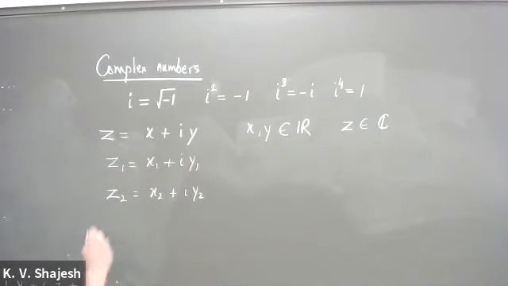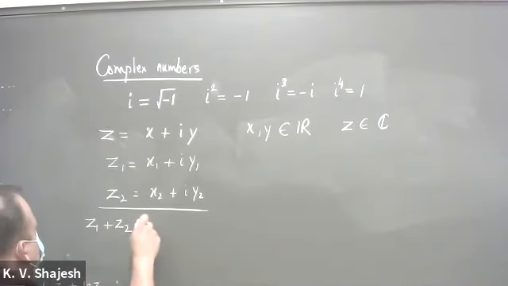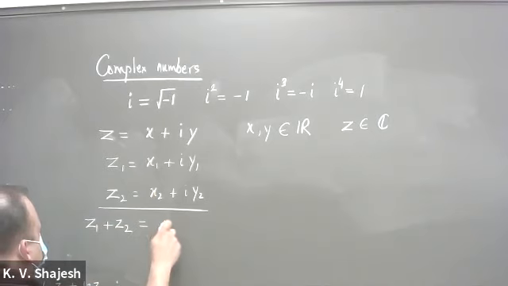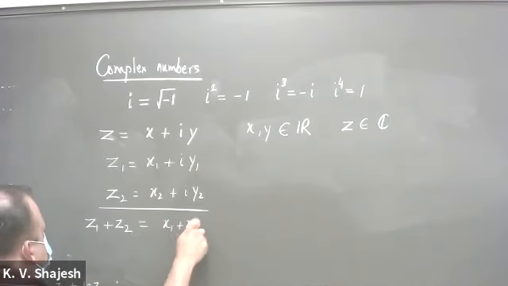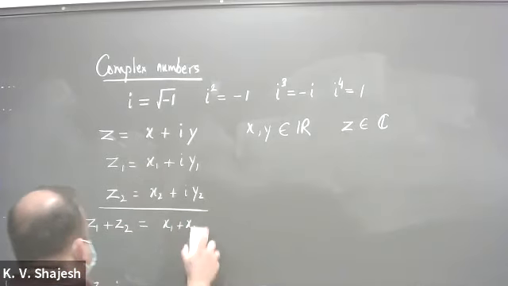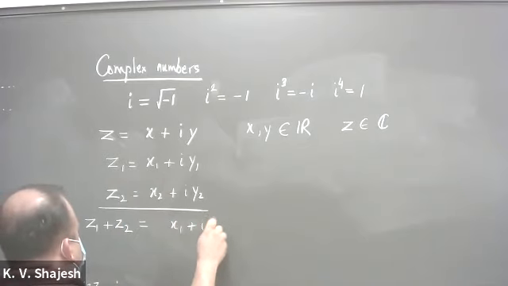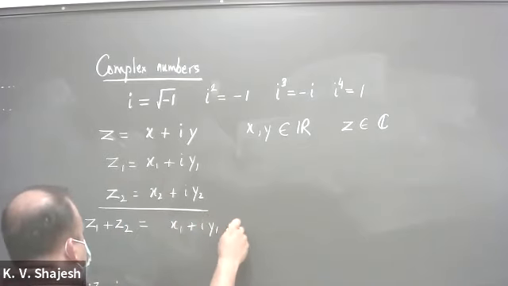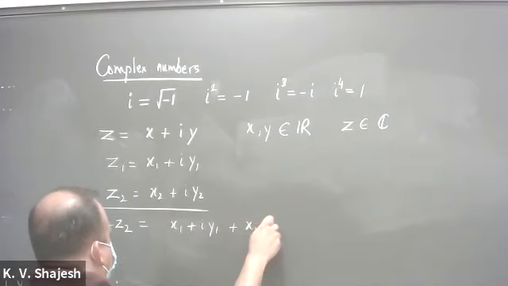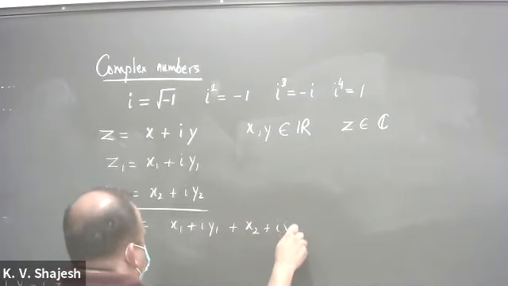So addition, z1 plus z2, will be equal to x1 plus x2. And now, let's write this in the following form. So you're saying x1 plus i y1, right? That's what you'd say, plus x2 plus i times y2.